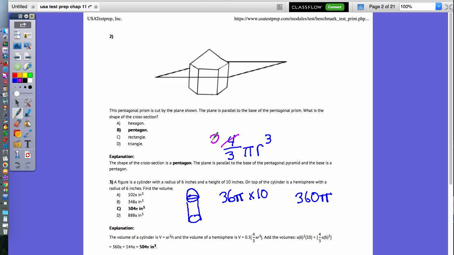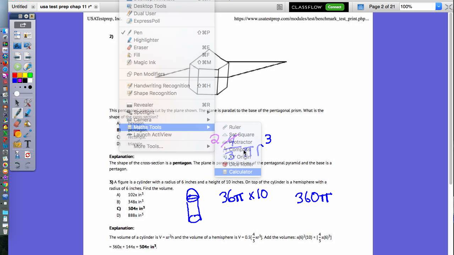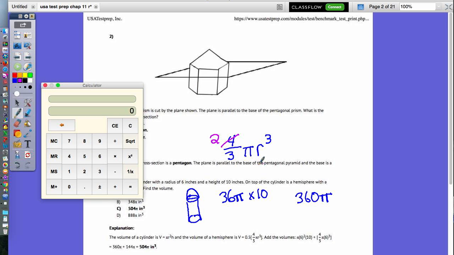Or instead of 4/3, half of 4/3 is 2/3, and I can use that to find the volume of just the hemisphere. I want my calculator tool here. So the radius cubed, we said the radius is 6. So 6 times 6 times 6 equals 216 times 2 divided by 3.